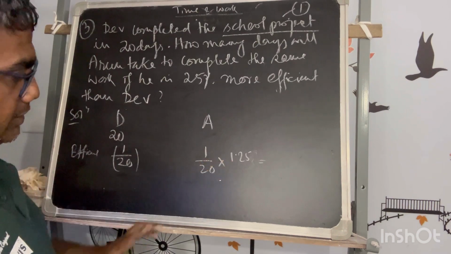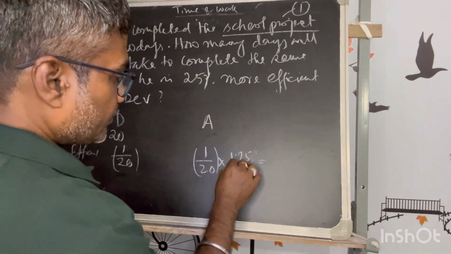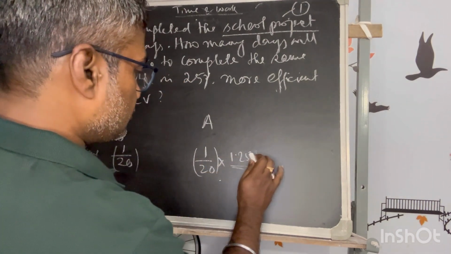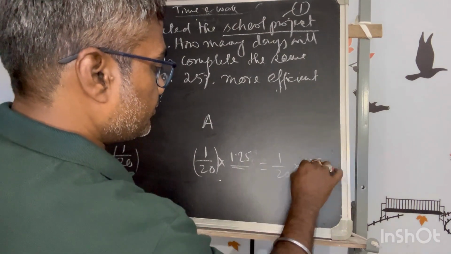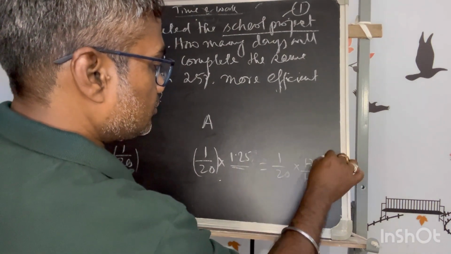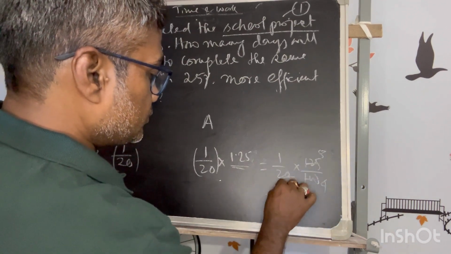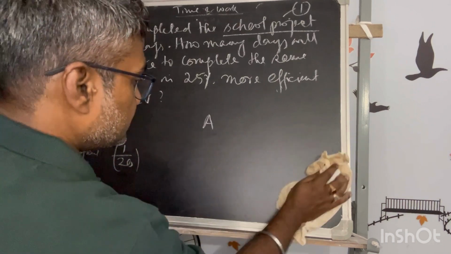So the efficiency is multiplied by 1.25, because it is 25% more. It will be equal to 1/20 times 125/100. This will cancel to 5/4, so that means 1/16. So ultimately Arun's efficiency will be 1/16.